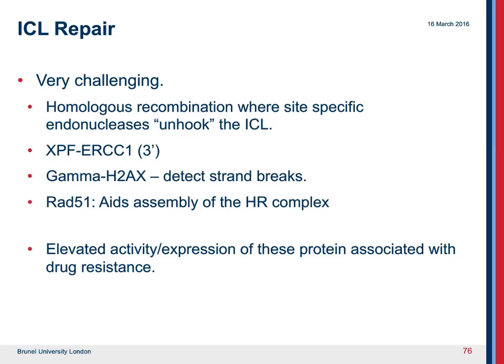We could use gamma H2AX to detect the strand breaks once the endonuclease cut out the damage, or we could look at the Rad51 protein, because Rad51 is very important in collecting together all the various components of the homologous recombination pathway. And we hypothesized that in drug-resistant ovarian cancer cell lines, there would be elevated expression of these proteins and that this would be associated with drug resistance.